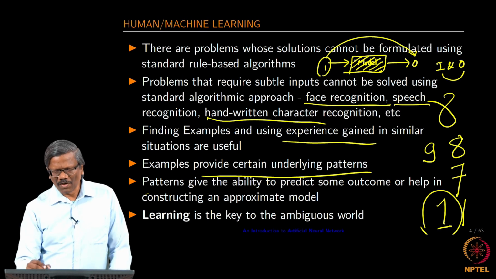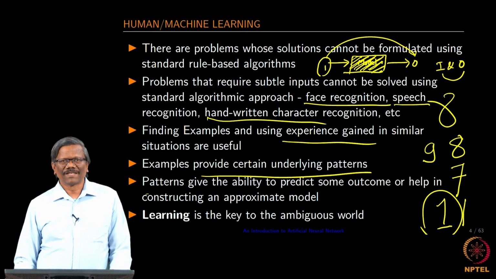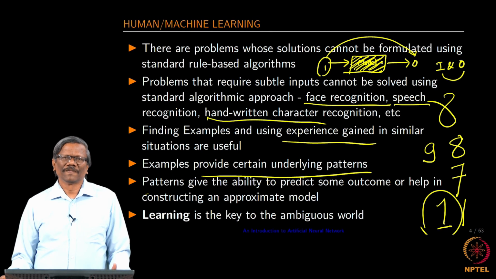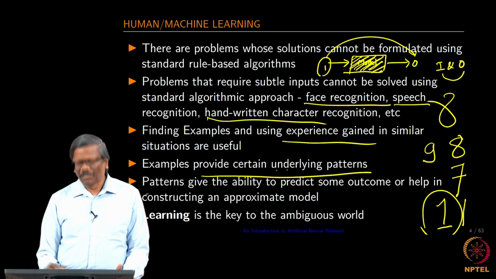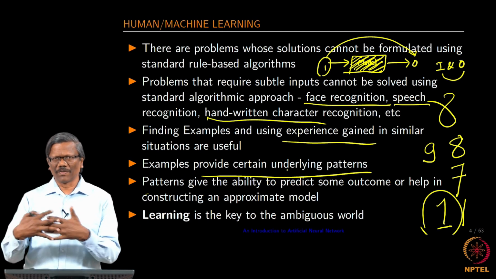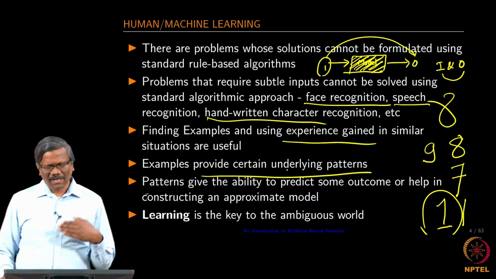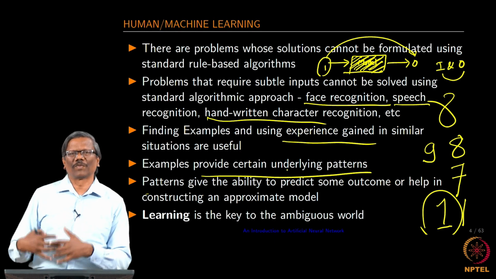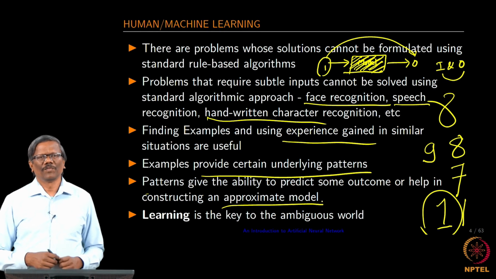Okay. So, that model is going to be estimated based on the examples that we start providing to the system. That is where we start looking at the pattern. The system starts looking at the patterns, just as we are also very good at identifying patterns. In the same fashion, the system also identifies a lot of latent patterns inside and starts building some approximate model. That is what I mentioned in this particular bullet point.